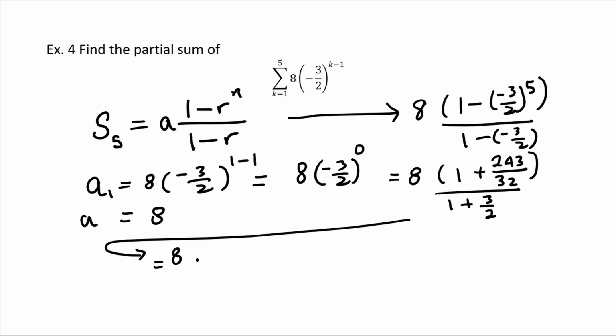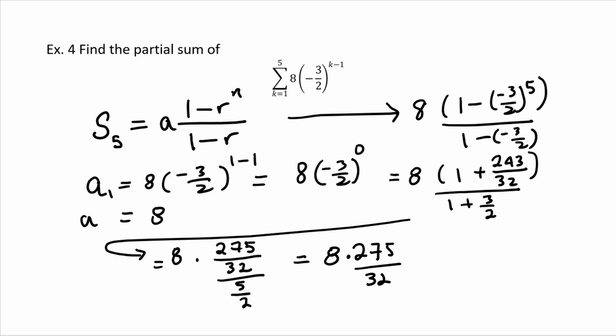I need a common denominator of 32, and that will give me 32 plus 243, which is 275, divided by 32, and the denominator would be 2 over 2 for 1 plus 3/2, so that'll be over 5/2.